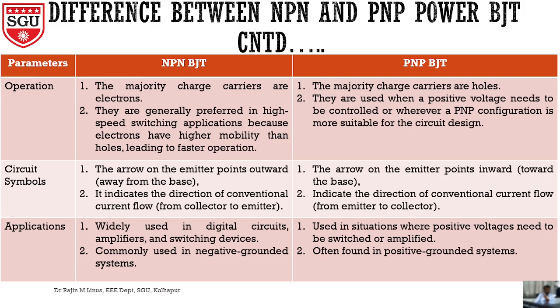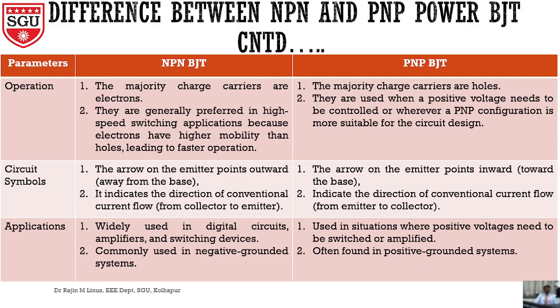In the PNP transistor, it indicates conventional current flow from emitter to collector. In the NPN transistor, electrons move from emitter to collector, therefore current flows from collector to emitter. In the PNP transistor, holes move from emitter to collector, therefore current also flows in the same direction, emitter to collector.